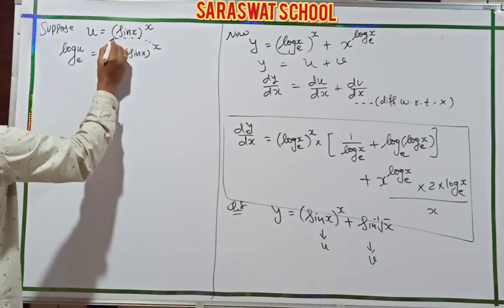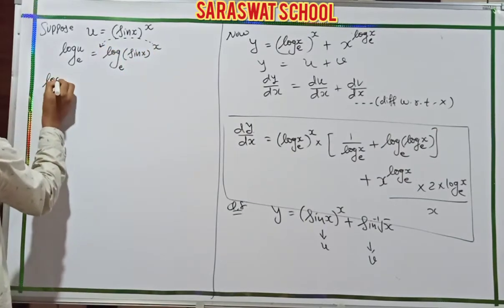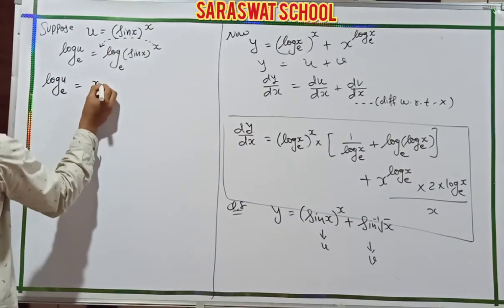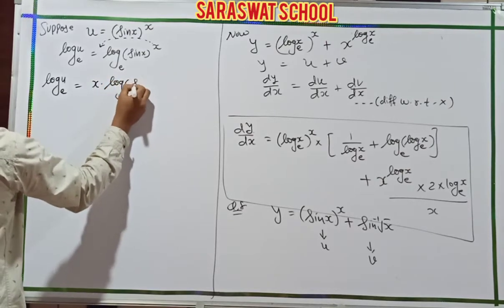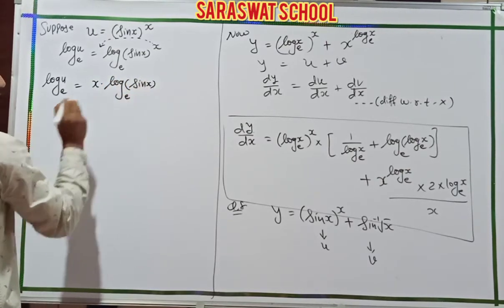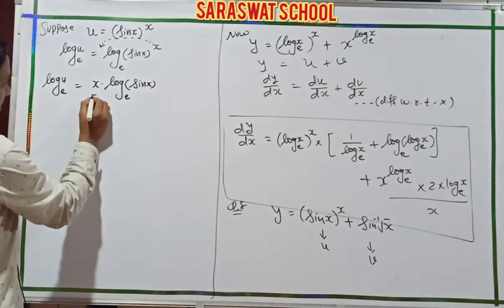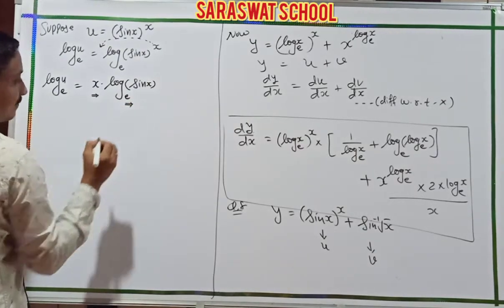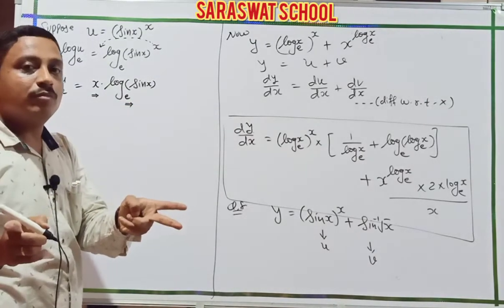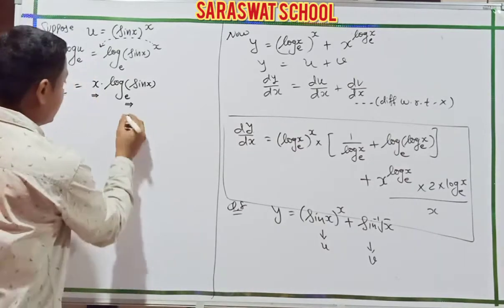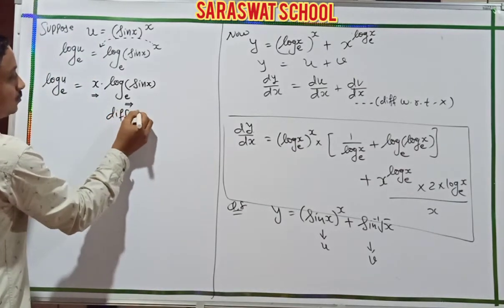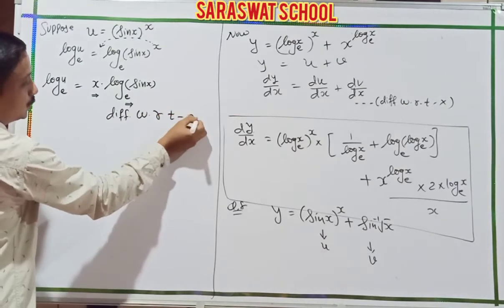This x you take outside according to the property: log u base e equals x into log of sin x to the base e, and these are the first and the second. Now apply the property related to derivative, differentiation with respect to x.